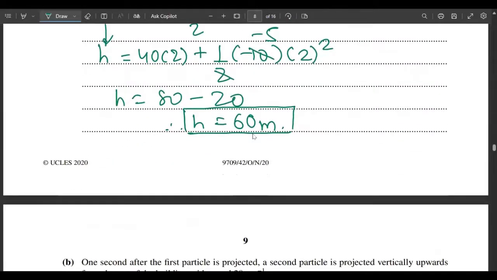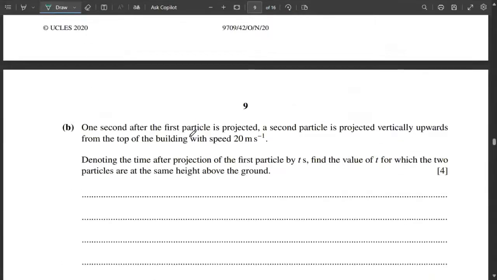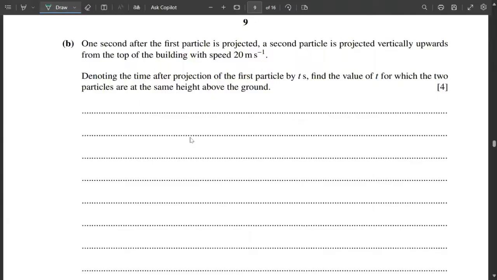Now let's move to the next question. 1 second after the first particle is projected, the first particle means the projected particle which was going up at 40 meter per second, a second particle is also projected upwards from the top of the building. Now this time the particle is being projected from the top of the building, not alongside the building, with speed 20 meter per second, denoting the time after projection of the first particle by t seconds.